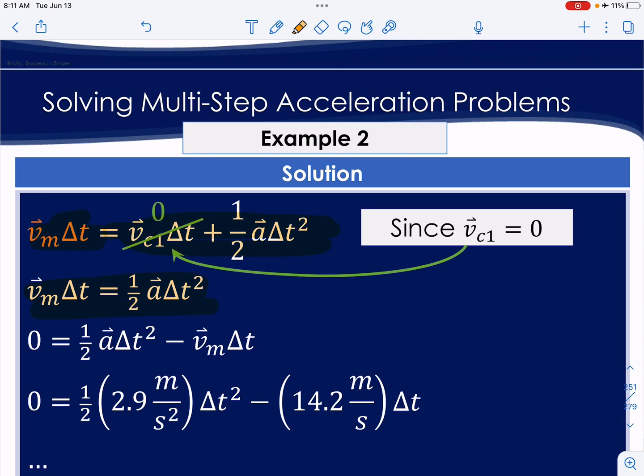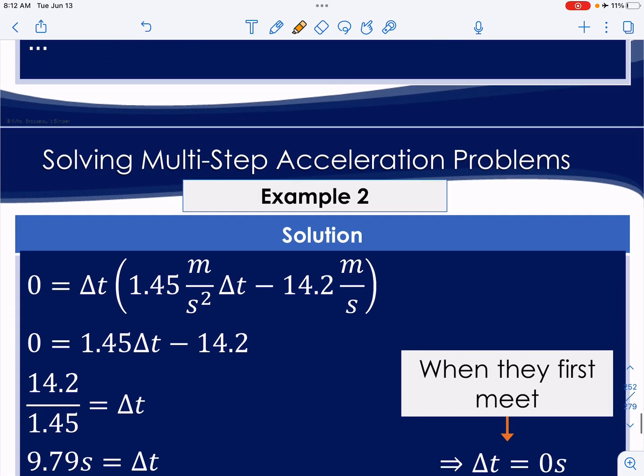So you can move this over to this side, and you get 0 is equal to 1/2, all that. And then what you can do is put in the numbers: 1/2 times 2.9 times delta T squared minus 14.2 times delta T. You can take out one delta T. And so we know that delta T can be 0, right?